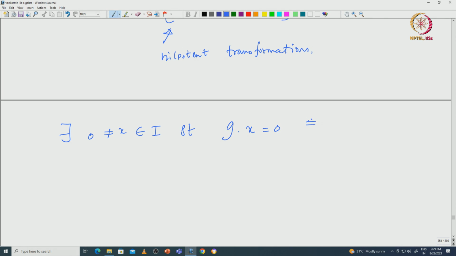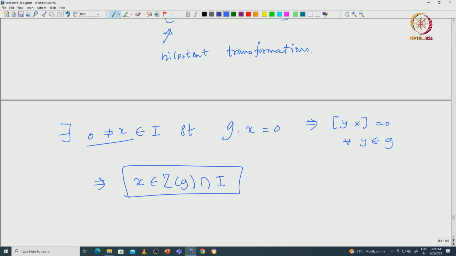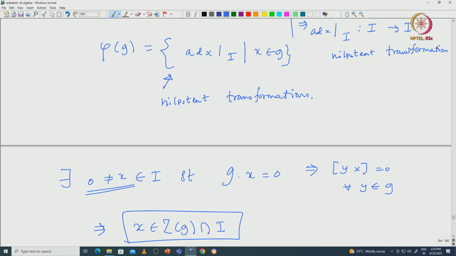So that means phi of y will kill x for all y in G. So that will imply this bracket yx is 0 for all y in G. So that means this x is indeed in the center. So this x is inside the center of G intersection I. So since x is by choice non-zero, that proves that the center of G intersection I is actually non-zero. So this completes the proof.